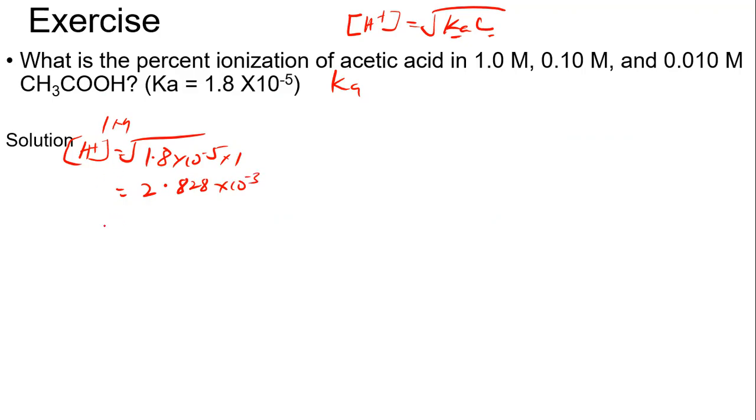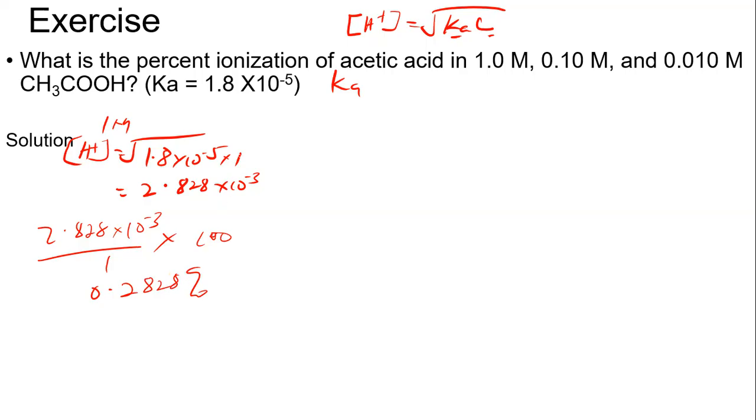Then, if I want to find my percentage, it will be this one over the initial times 100. So it will be 4.243 times 10 raised to the power -3 all over 1 times 100, right? And this should give me 0.4243%. Very simple.